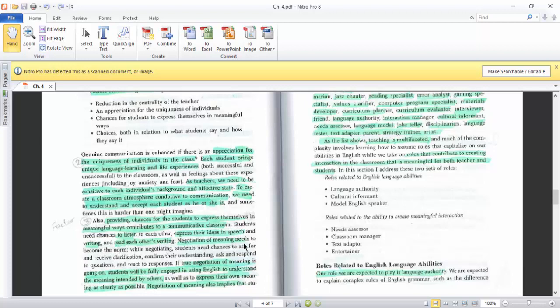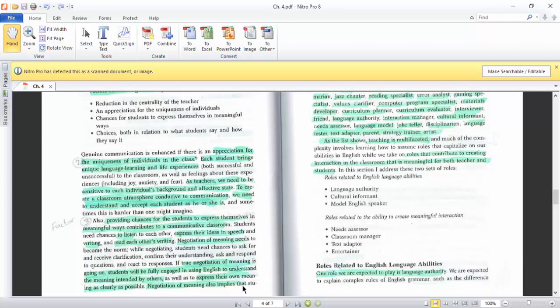Negotiation of meaning needs to become the norm. If true negotiation of meaning is going on, students will be fully engaged in using English to understand the meaning intended by others, as well as to express their own meaning as clearly as possible.